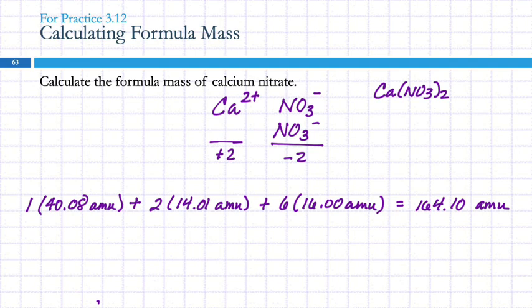The reason I want you to always use at least 4 significant figures in your molar masses or atomic masses is because most of the time the calculations we're doing on problems or even in lab are going to end up with at most 4 significant figures.